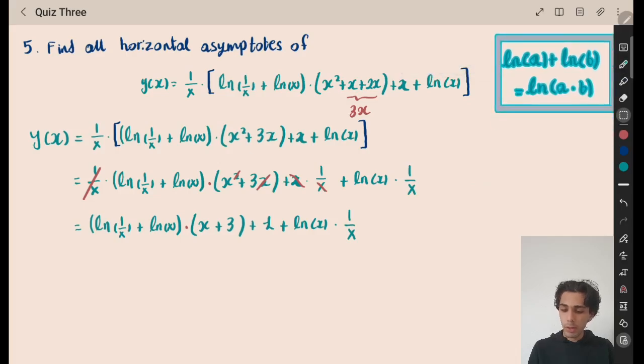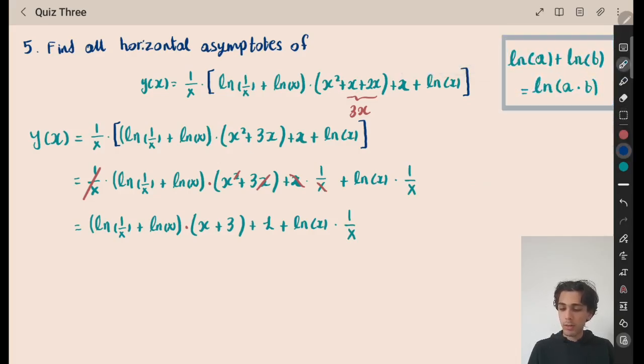Well, it's just a personal opinion in the first place, and it is also because if we apply this here, we precisely get ln of 1 over x times x. So again, ln of a plus ln of b is ln of a times b. ln of 1 over x plus ln of x is ln of 1 over x times x, which cancel out to give us ln of 1.